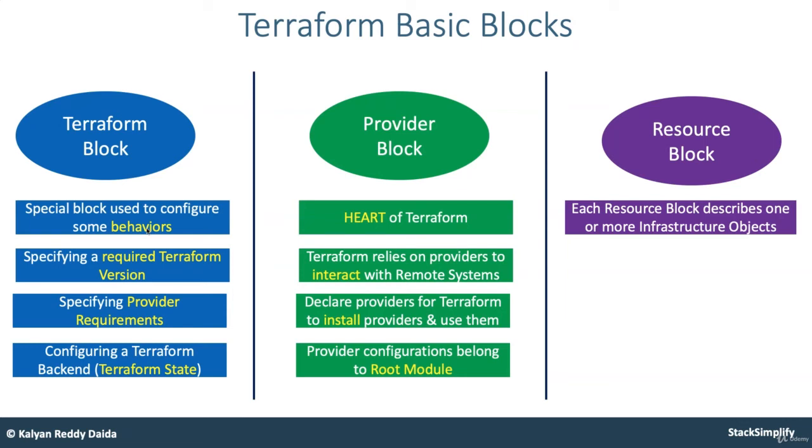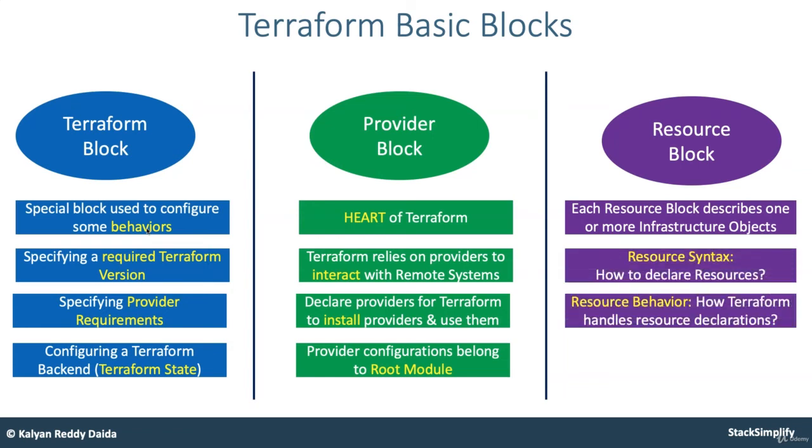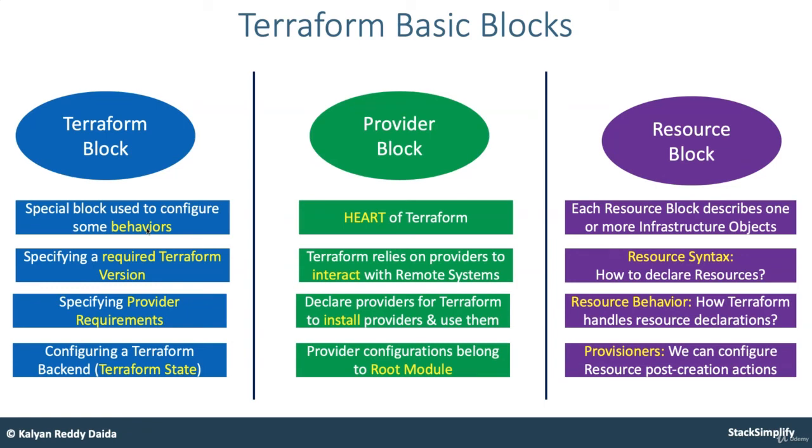Those things we define in resource blocks. Each resource block describes one or more infrastructure objects. We need to understand how to declare resources and how Terraform handles these resource behaviors or declarations. We also need to know how we can configure post-creation actions on resources using Terraform provisioners.